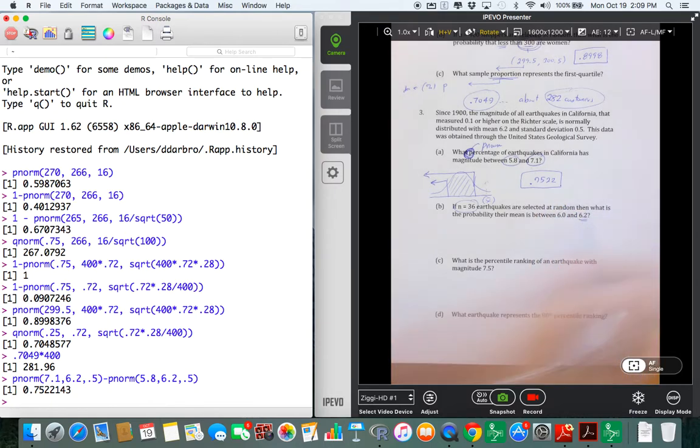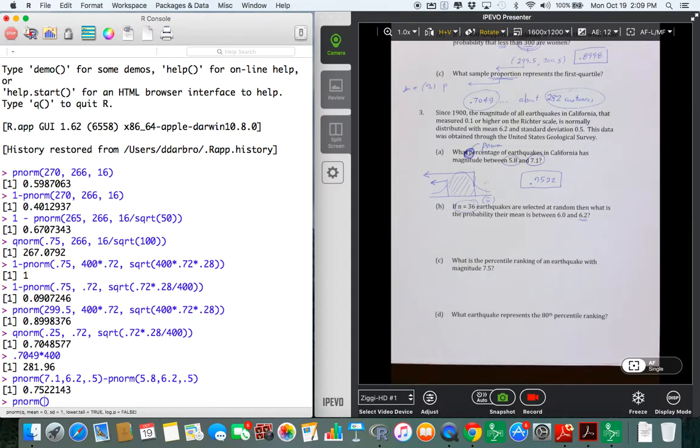We're going to take the area below the biggest. And remember, we've got to take the standard deviation divided by the square root of the sample size, and the sample size is 36.